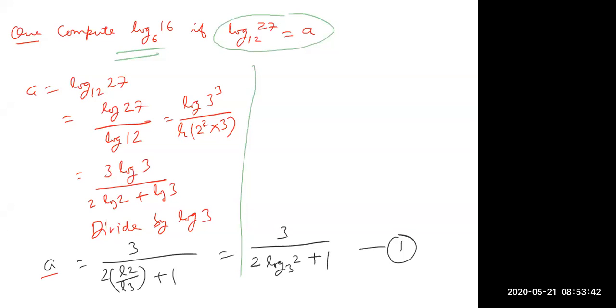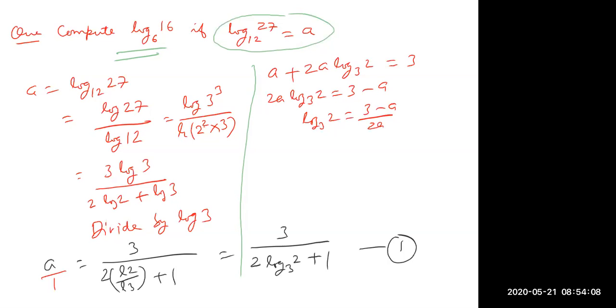Now you cross multiply. So what you will get? a plus 2a log 3 2 is equal to 3. So from here 2a log 3 2 is equal to 3 minus a. So log 3 2 is equal to 3 minus a upon 2a. This is equation number 2.